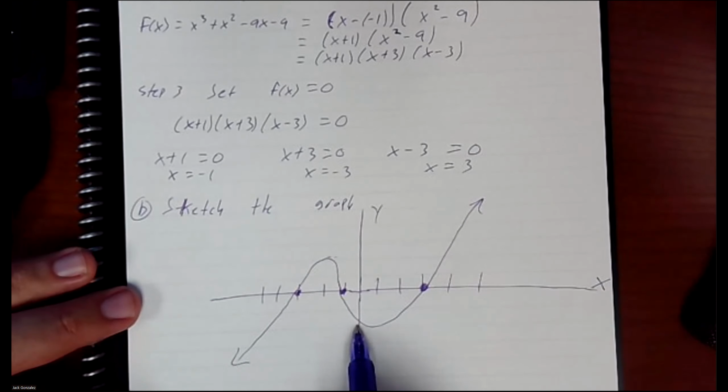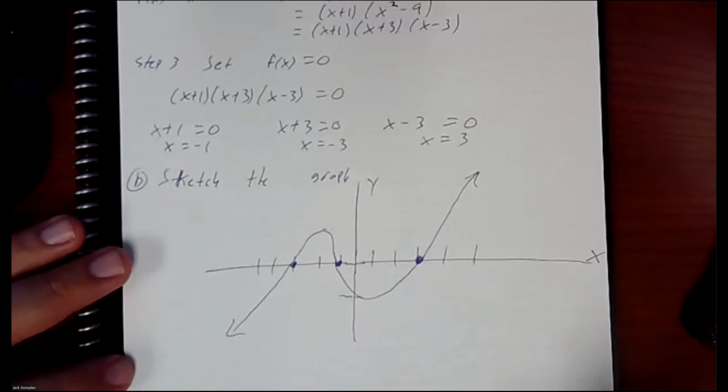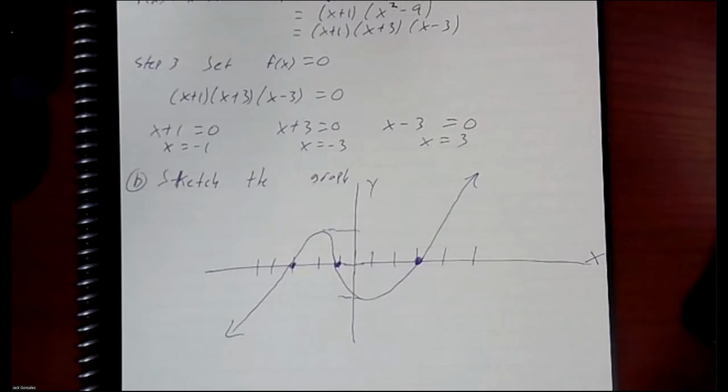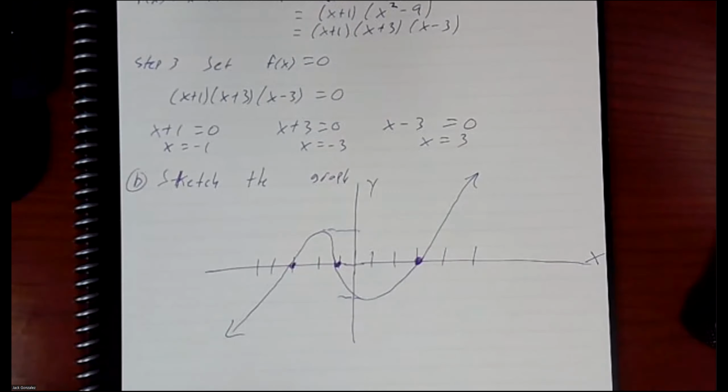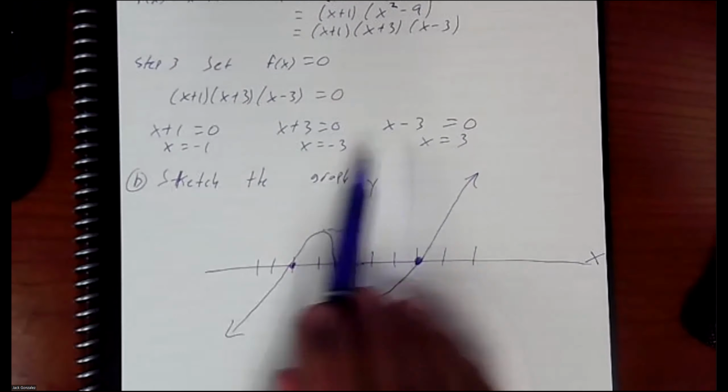I don't know how low and how high these get. So that's the guess I took. Everything else is fine. So that'd be good enough for a sketch. And the real zeros would be the same for part C, right?